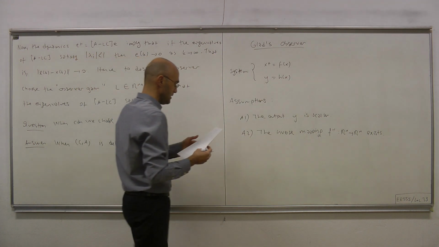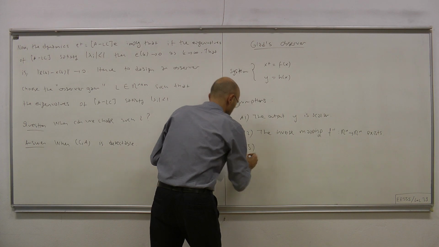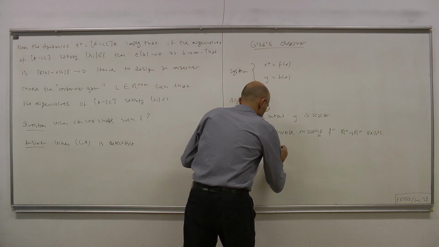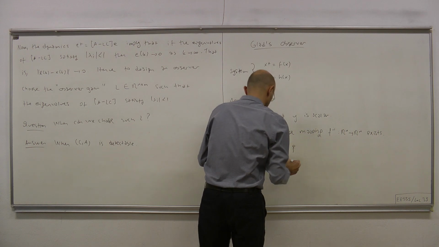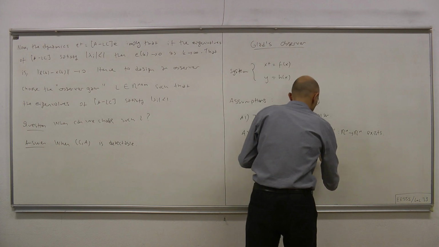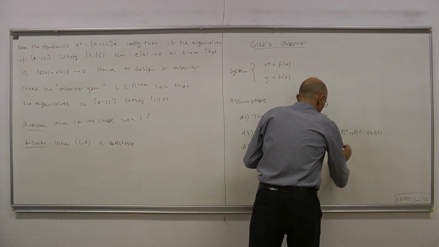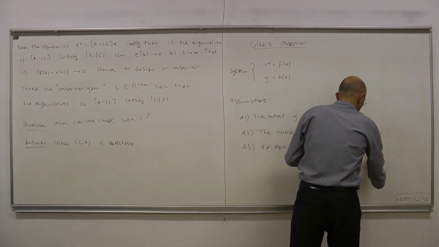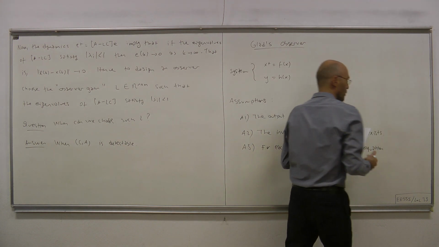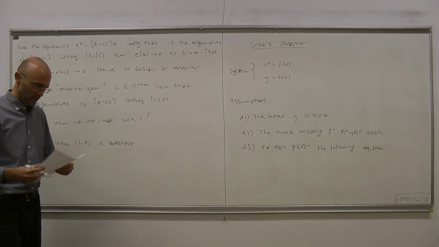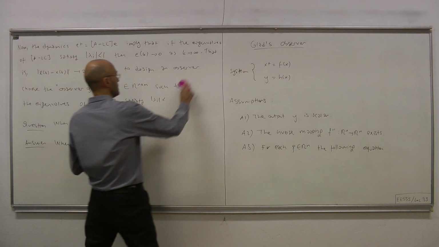And perhaps most importantly, for each c in Rn, the following equation has always a solution, and the solution is unique. And the equation that we're talking about is the following.